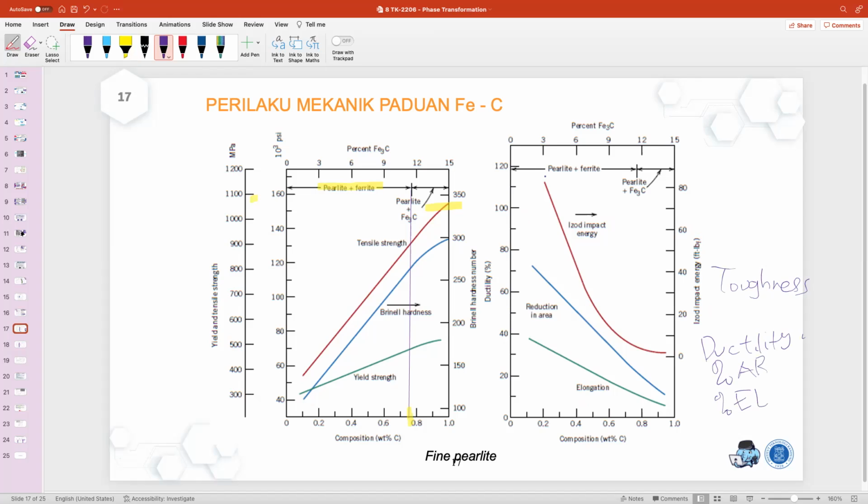You can see that here the pearlite and ferrite have a high impact energy, which decreases significantly as you increase the percentage of carbon. So it is based on how we select the material: how much impact energy we want, how much strength we want, in order to see what composition we want. Is it hypoeutectoid or hypereutectoid, and which part.